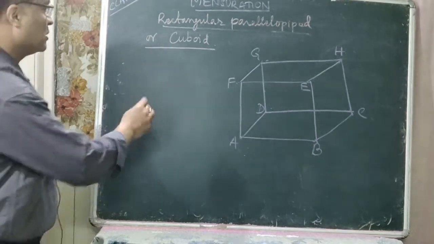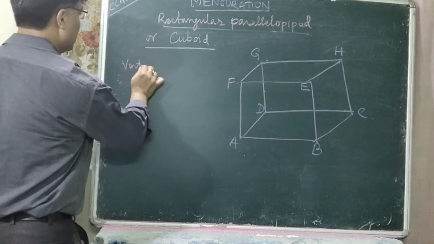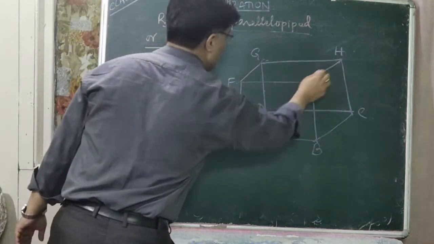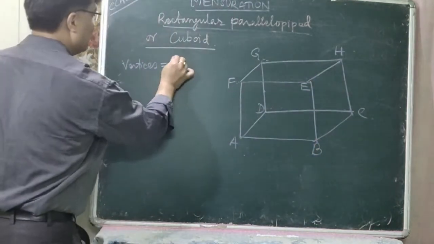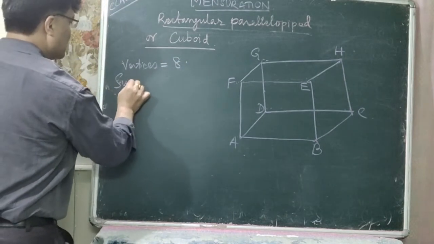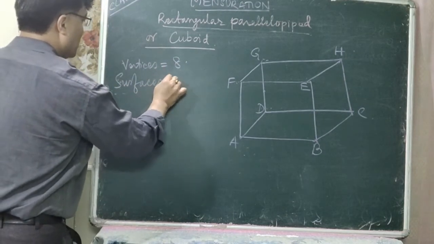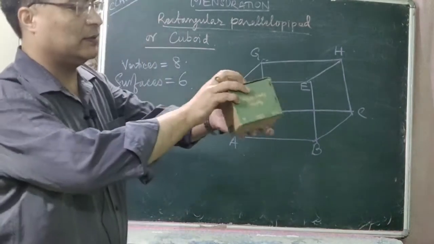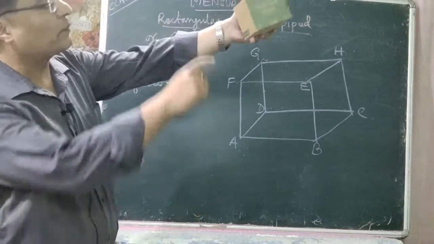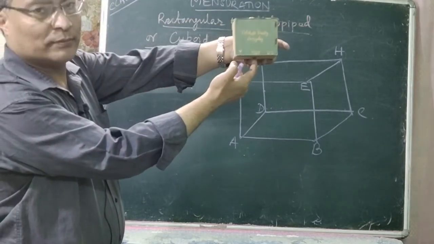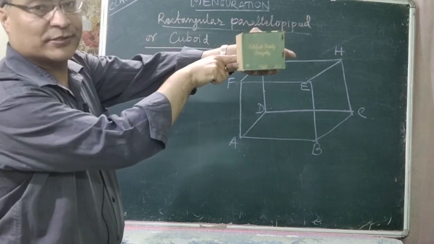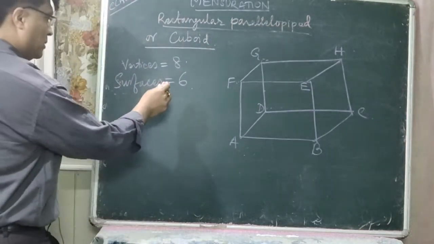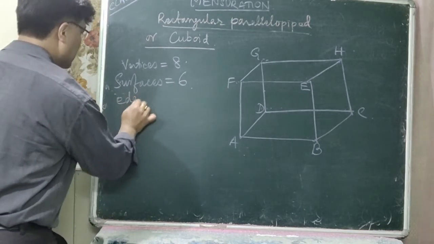Is that clear? So how many vertices are here? 1, 2, 3, 4, 5, 6, 7, 8. Vertices 8. How many surfaces are here? 6 surfaces. 1, 2, 3, 4, 5, 6. Okay? So 6 surfaces are there. So how many edges?